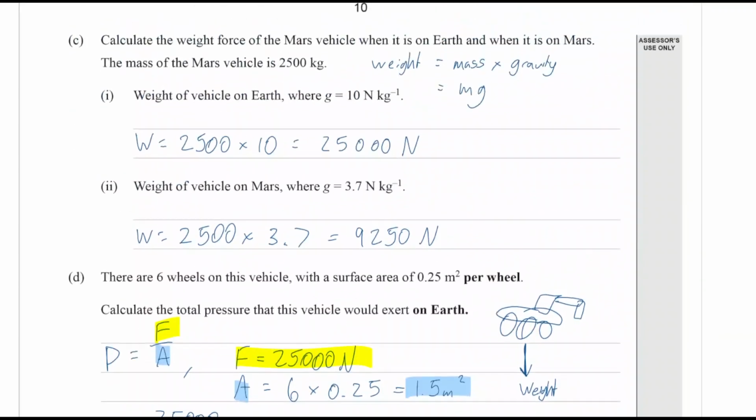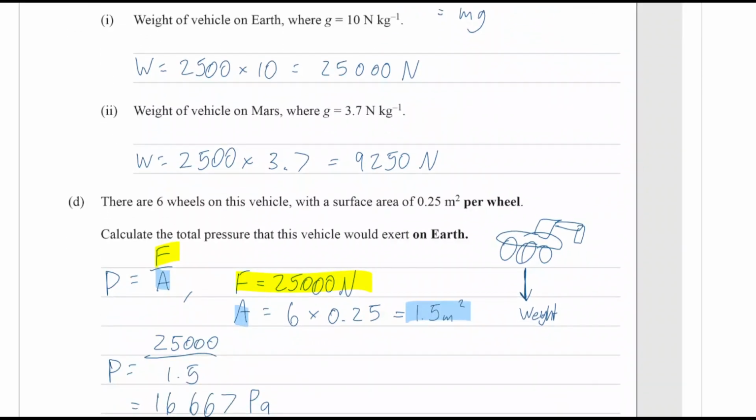So going back up first, all our hard work, we found out the weight of the vehicle on Earth and the weight of the vehicle on Mars. And in question D, we worked out the pressure that the vehicle exerts on Earth. So how about we find the pressure it exerts on Mars, and then we compare.